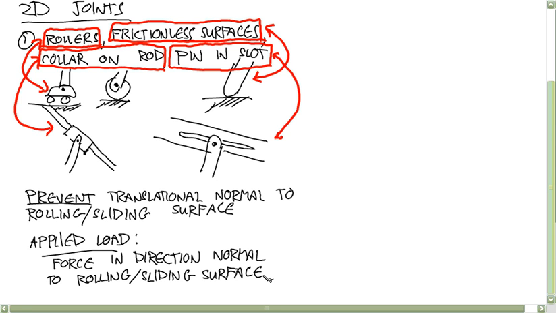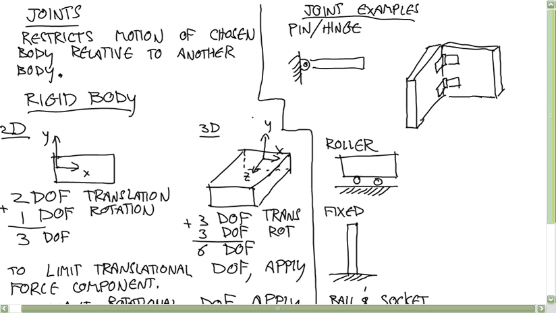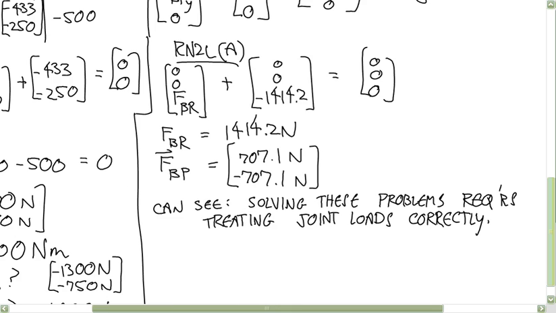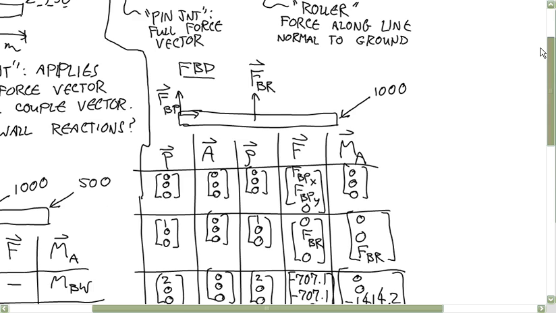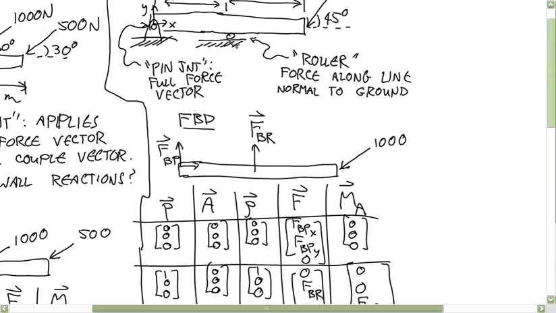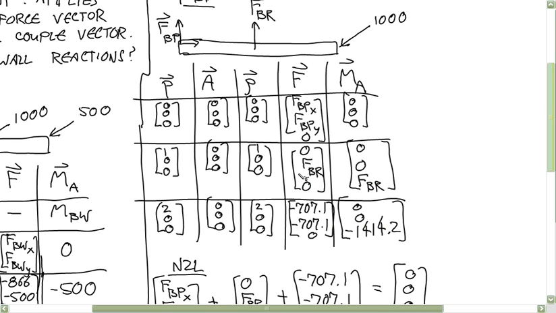And then you can just treat, like remember in the example, when I used this roller, I just represented it with a y component of force. I could do that because my y-axis corresponded to the normal to that surface, okay?